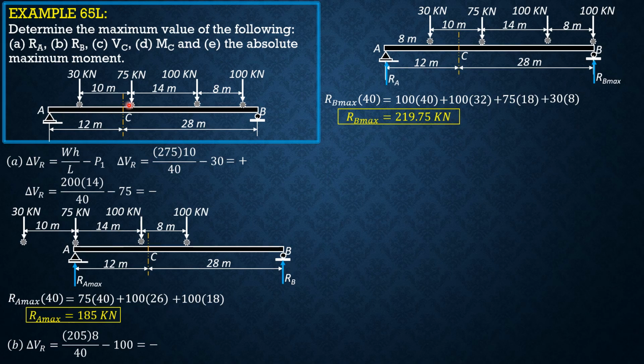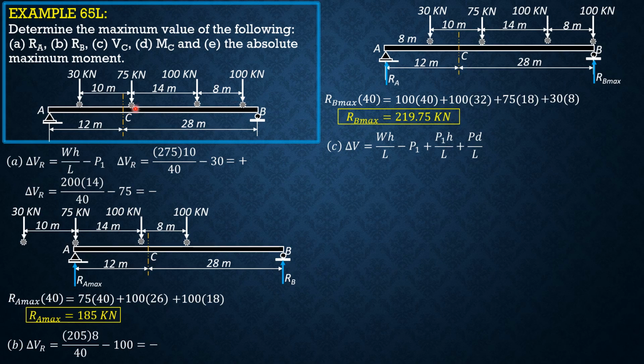So our criterion would be WH over L minus P1 plus P1H over L, then plus PD over L. So when the 30 kilonewton load is over C, the sign is positive because this 100 is not yet included, so there will be no minus P1 yet.